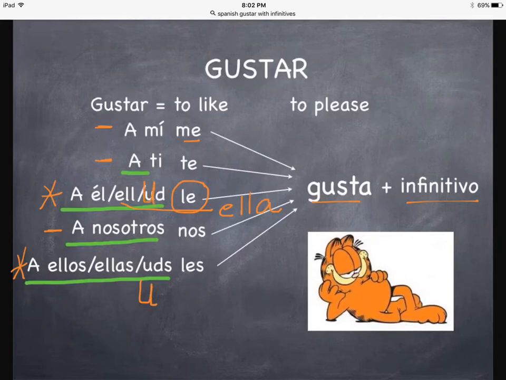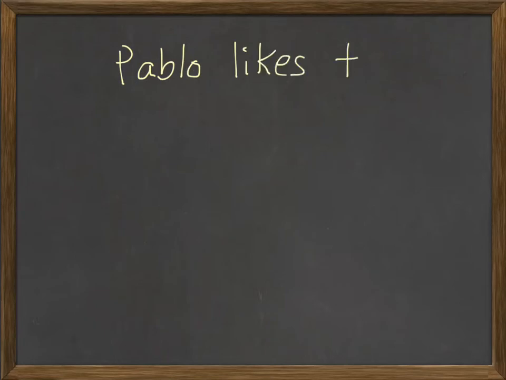Okay, so let's see, what else was I going to tell you? Oh, don't forget now, if you want to use someone's actual name, you're going to have to put it in the clarifying phrase. So let me get another piece of paper real quick and show you what that's going to look like. So remember, if I want to say Pablo likes to sing, Pablo's name is actually going to show up in the clarifying phrase, okay?